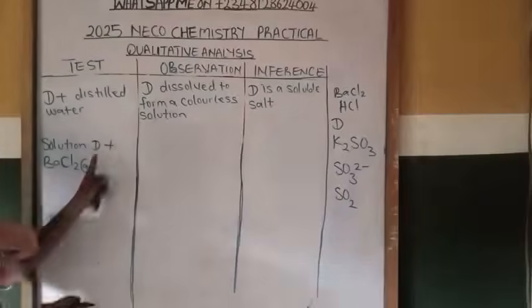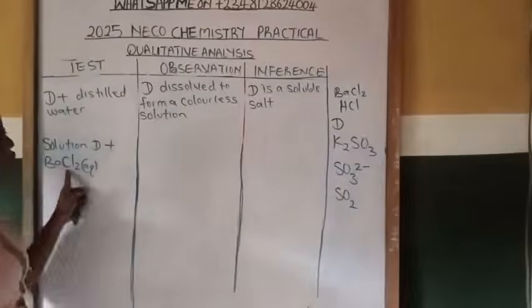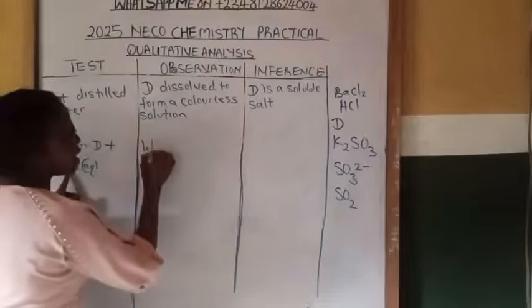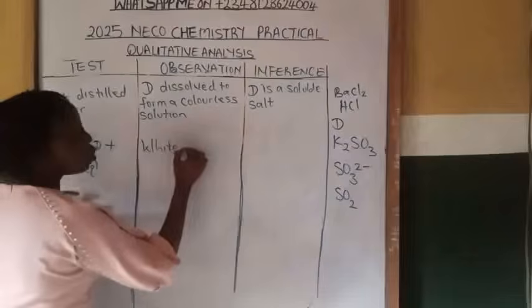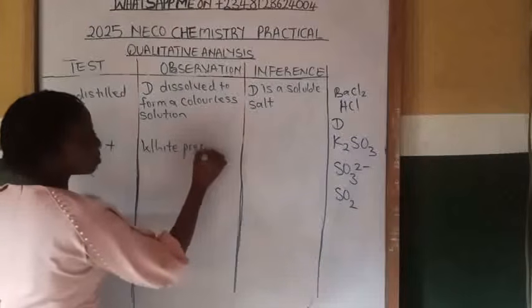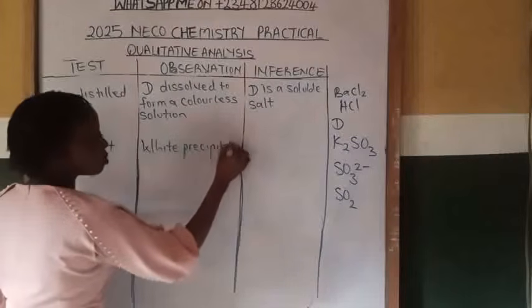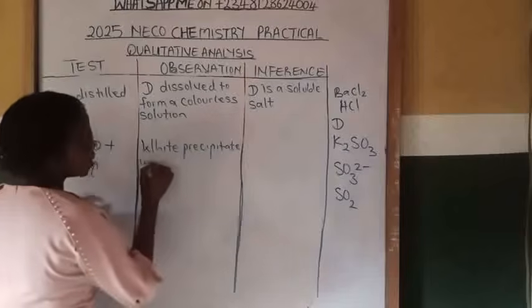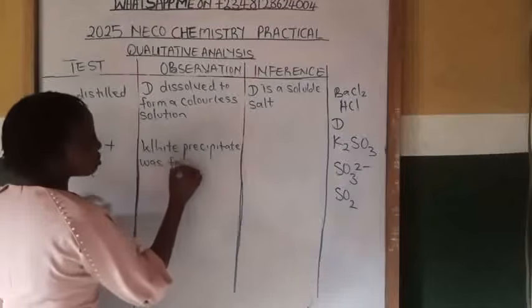So what will happen on addition of aqueous barium chloride? We are going to have white precipitate. White precipitate was formed.